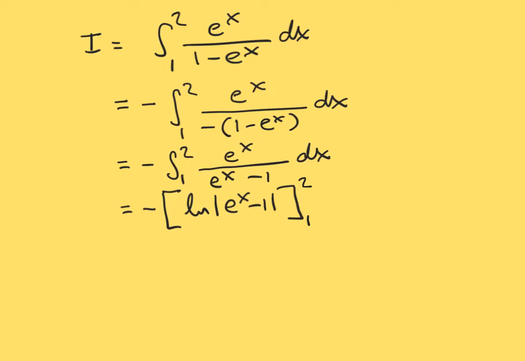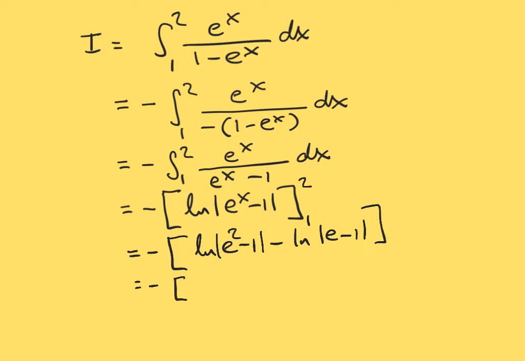And now if you just carry on, we have minus, open big brackets, log of e squared minus 1 minus log of e minus 1, close brackets. And now we have minus, and this is from the rules for logs, the log of e squared minus 1 over e minus 1.